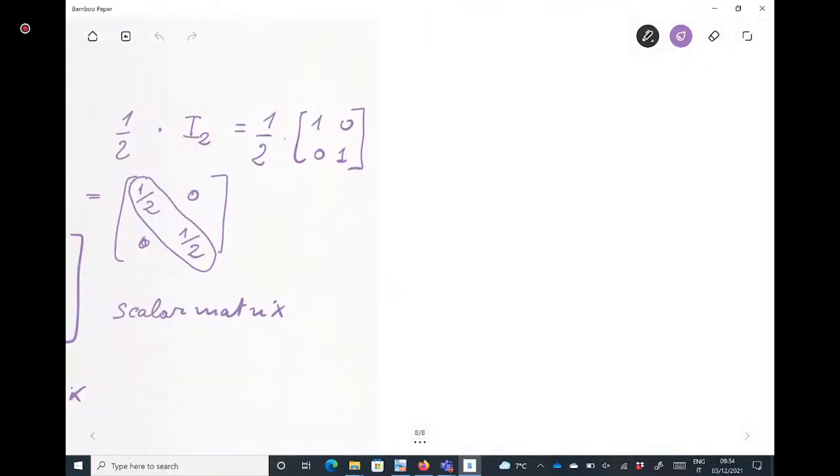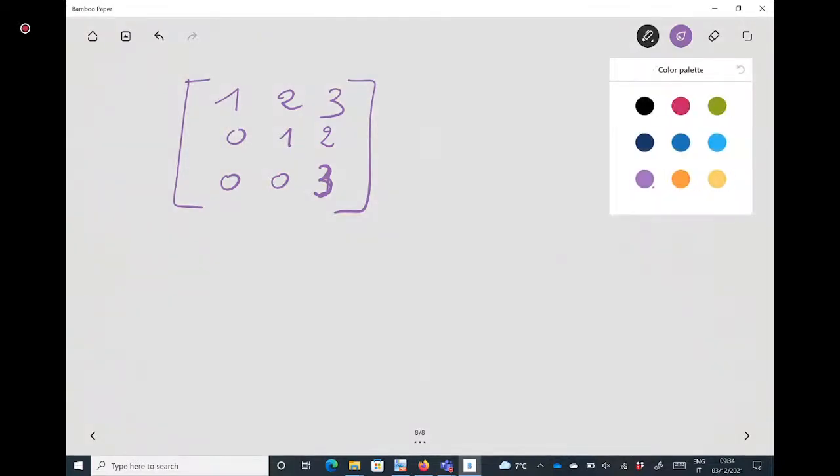And next, we have other matrices with a very nice structure like this. Not the same, 3 for instance here. So look at these matrices. We have a main diagonal.